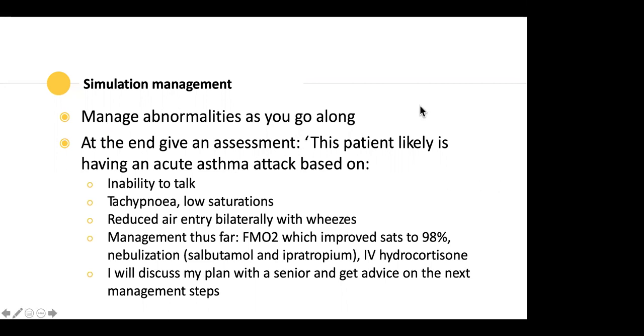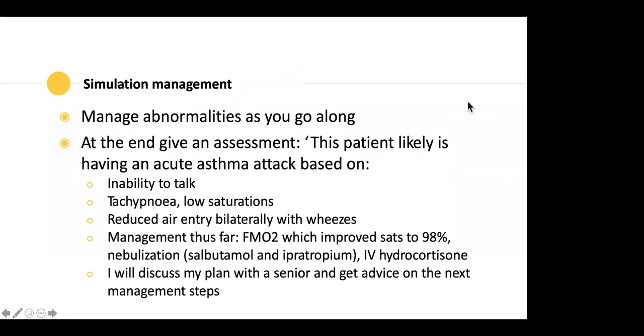As you go along, say there's an abnormality. So say, for example, on breathing, I said the patient is tachypneic and the SATs are 88%. If you see a face mask in the station, take it and put it on the mannequin and say, I am putting this patient on face mask oxygen at XY liters, and I'm also going to nebulize them with salbutamol and ipratropium bromide, and tell them how much, so 2.5 milligrams, and all of that.